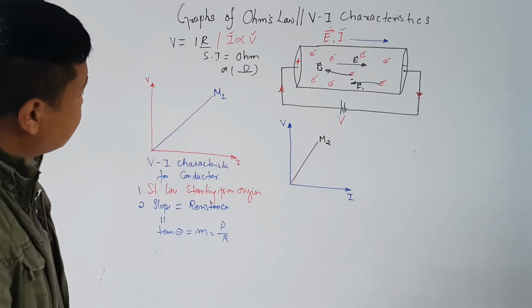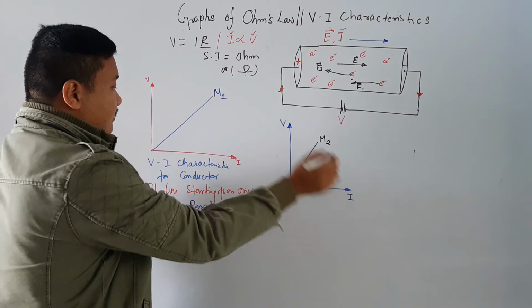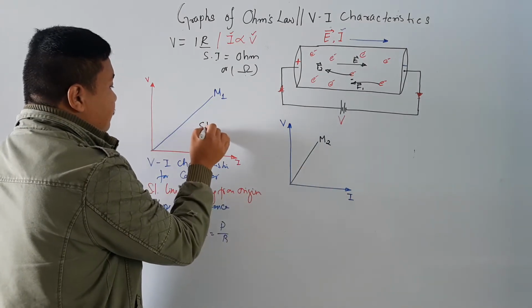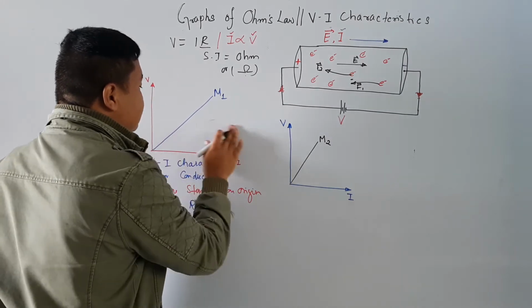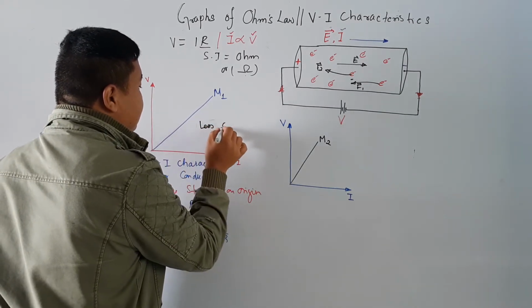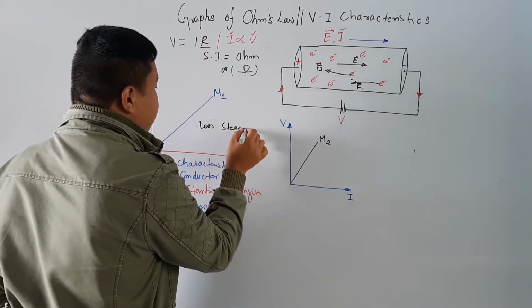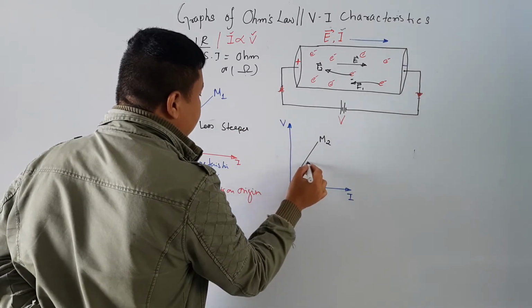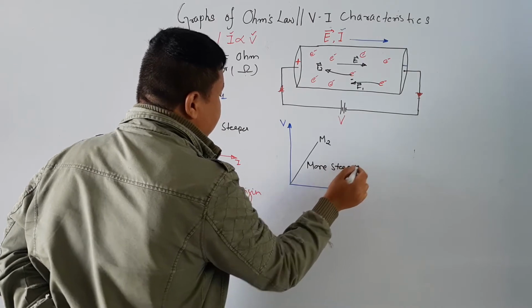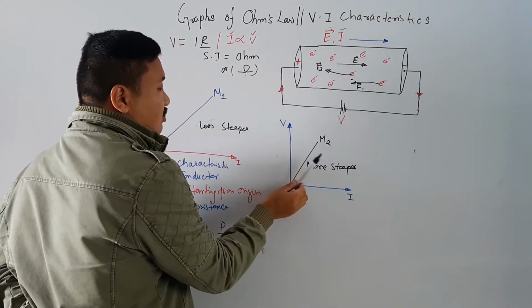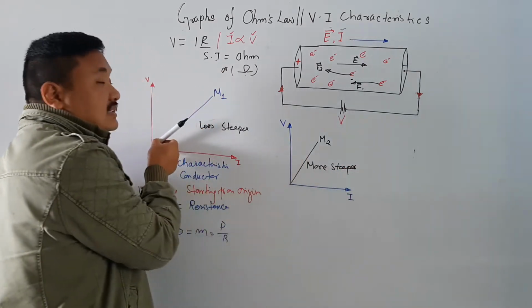If you see here, which one is steeper? This is less steep and this is more steep. It means this is more slanted and this is less slanted.